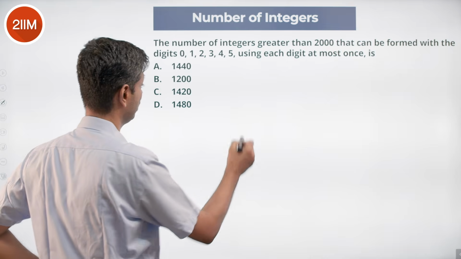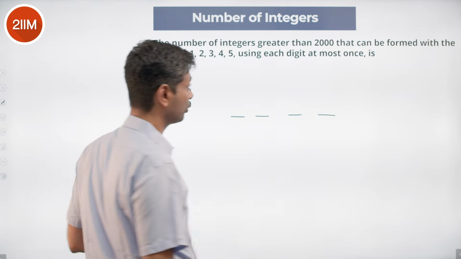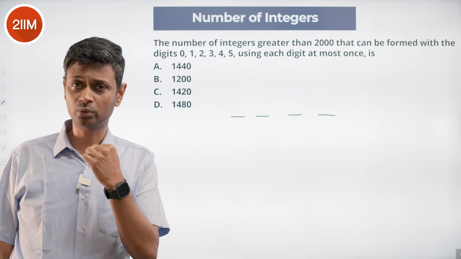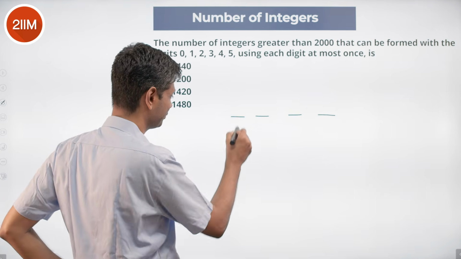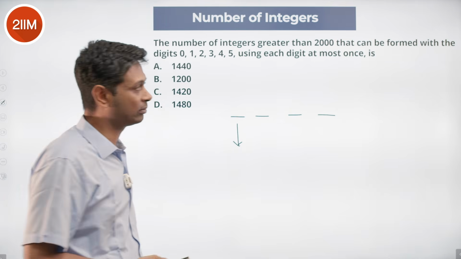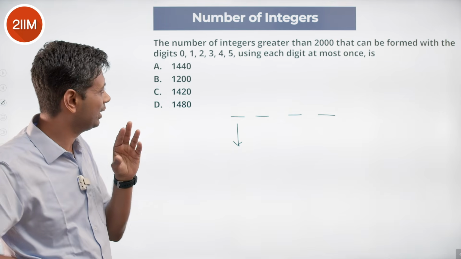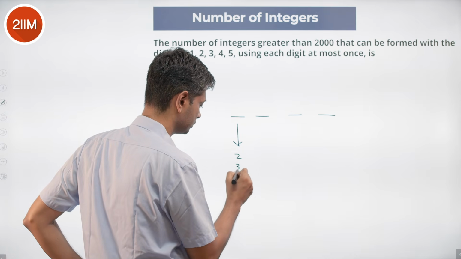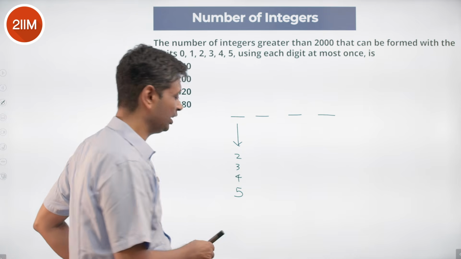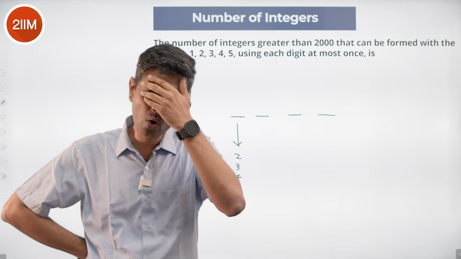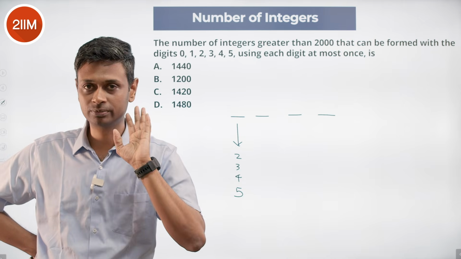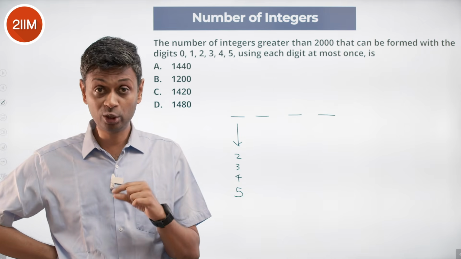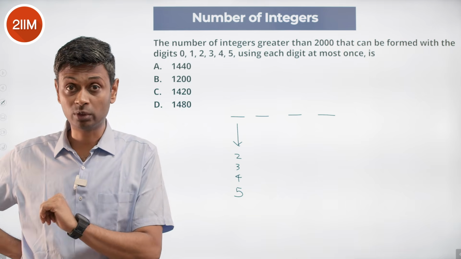Now let's move to 4-digit numbers, looking at those more than 2000. The first digit cannot be 1. It can only be 2, 3, 4, 5. Very interestingly, if the first digit is 2, all possible numbers are more than 2000. So you don't have to worry about first digit being 2 and not counting a few numbers.